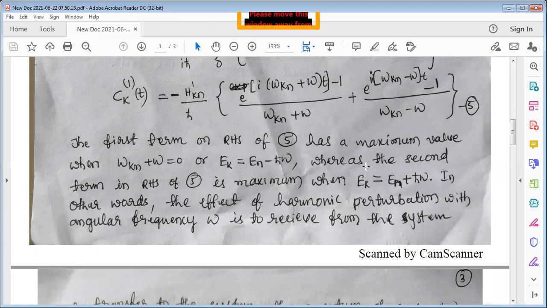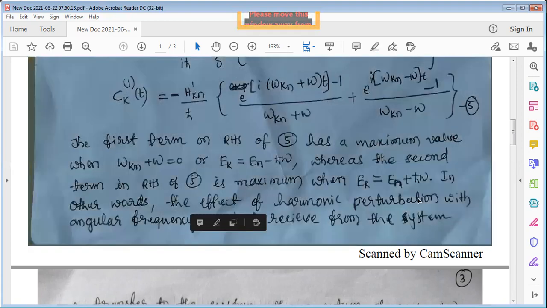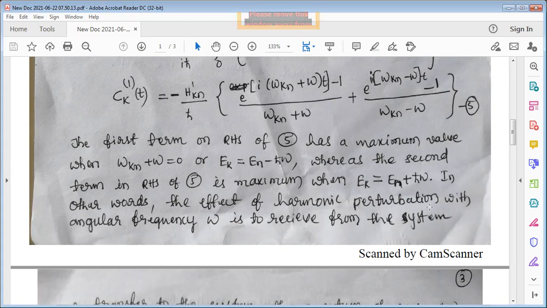Whereas the second term on the RHS of 5 is maximum when Ek is equal to En plus h cross omega.